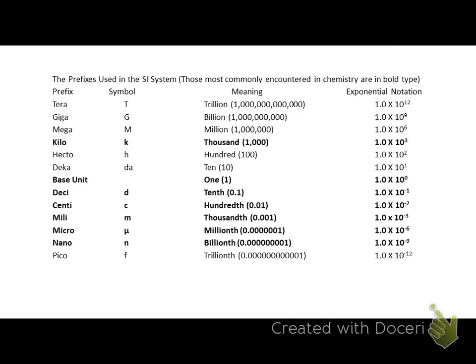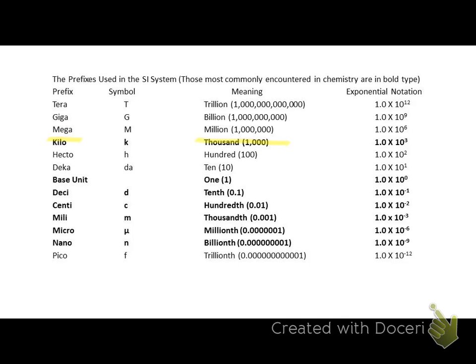Alright, so these other values are prefixes. And what a prefix does is it denotes a specific value of the base unit. So, for instance, kilo. Kilo means 1,000 base units. So if I have a kilo, then I have 1,000 of whatever base unit I'm looking at.